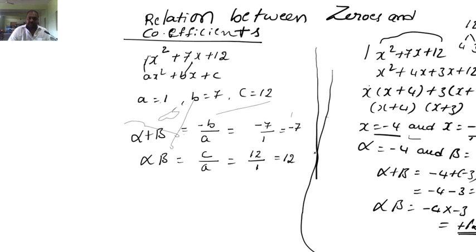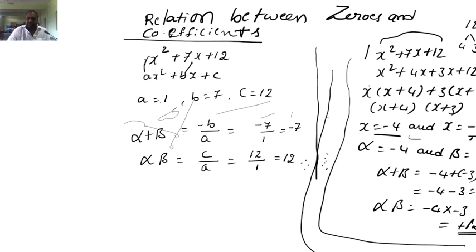These two are the same, but the relation between zeros and coefficients I explained only for understanding purpose. Alpha and beta we found here by splitting the quadratic equation. The sum is minus 7 and the product is 12.